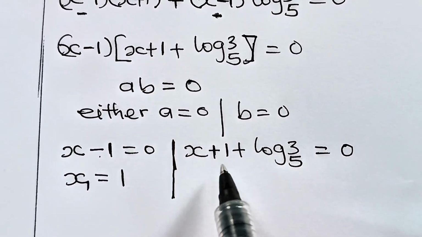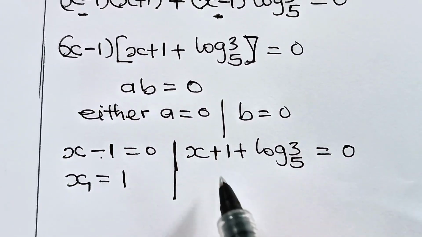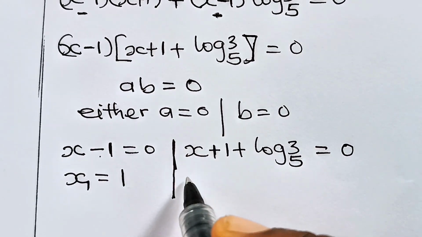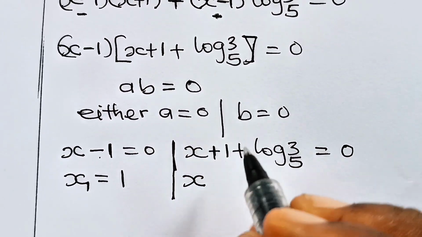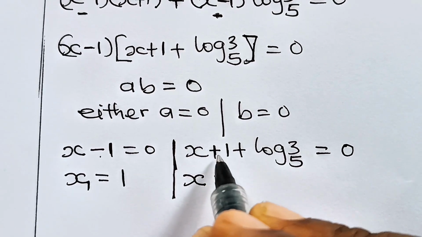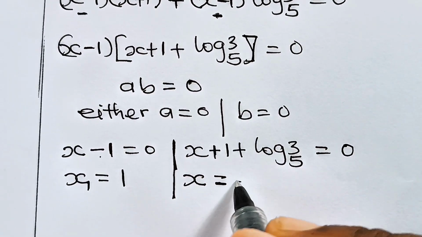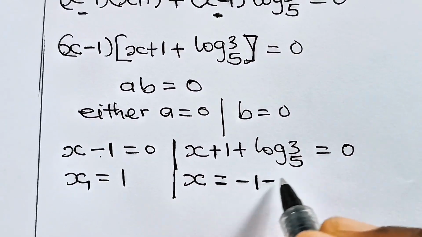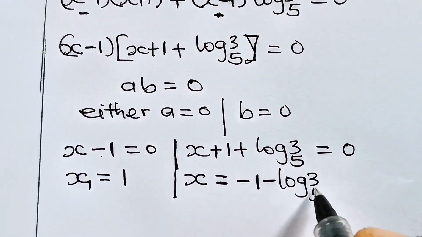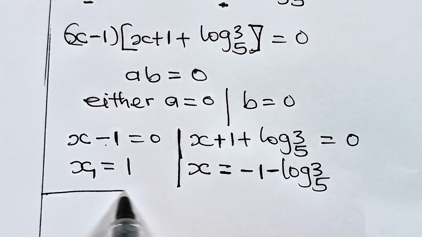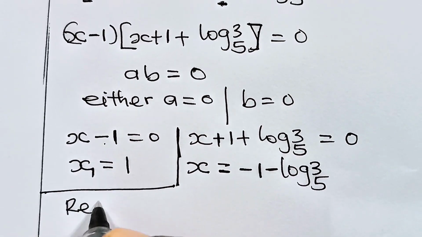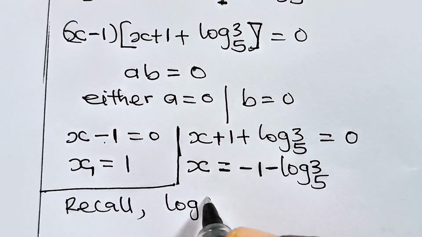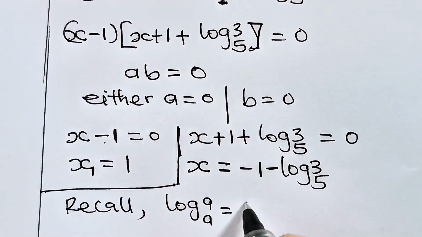Now to the second value of x, because we want to get the value of x, let's shift everything to the other side, leaving x alone. So we can write x is equal to plus 1 we cross to become minus 1, and plus log 3 base 5 we cross to become minus log 3 base 5. Okay, now recall that log a base a is equal to 1.